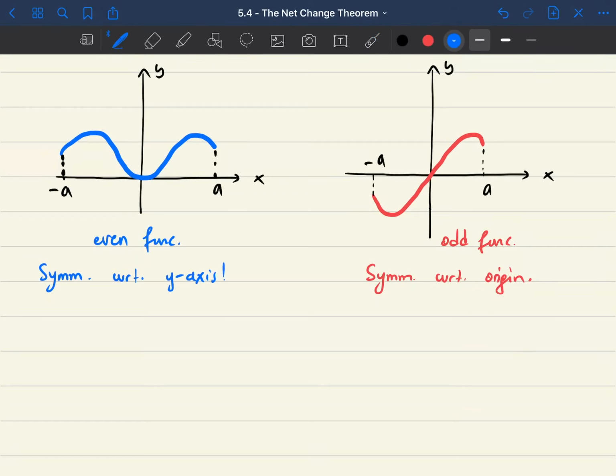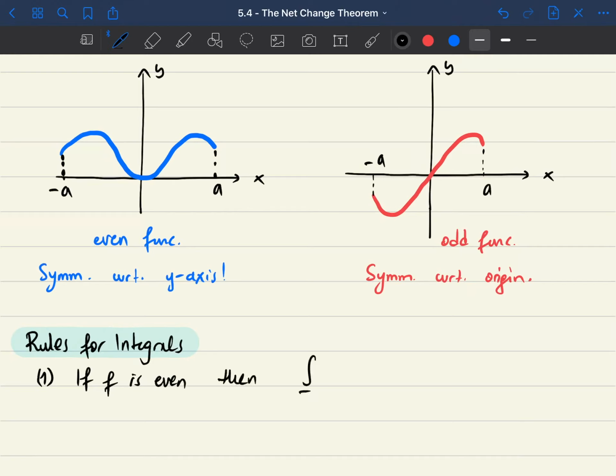So let me just say rules for integrals. All right, so the first rule is that if f is even, then the integral from negative a to a of f is the same as twice the integral from 0 to a of f.